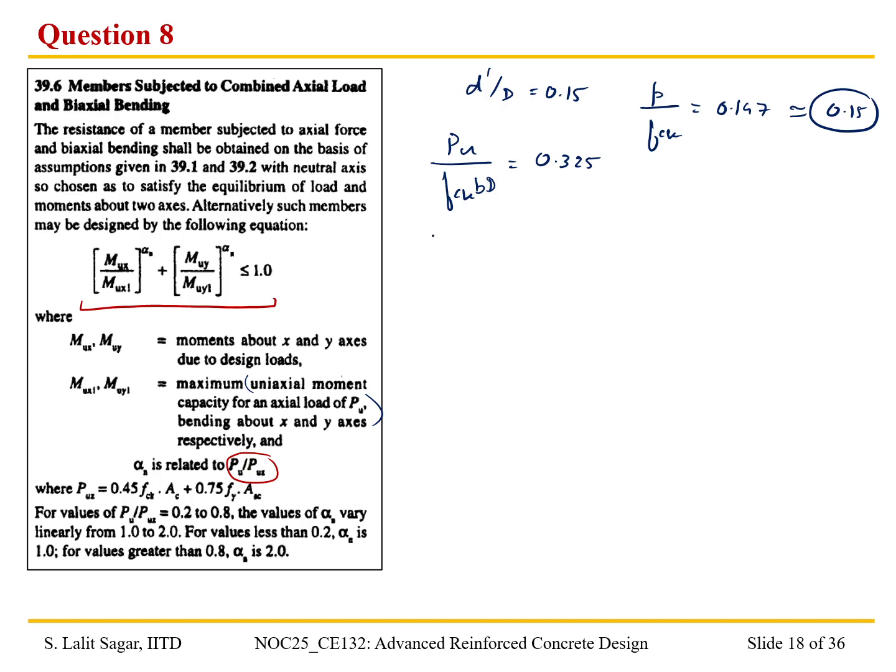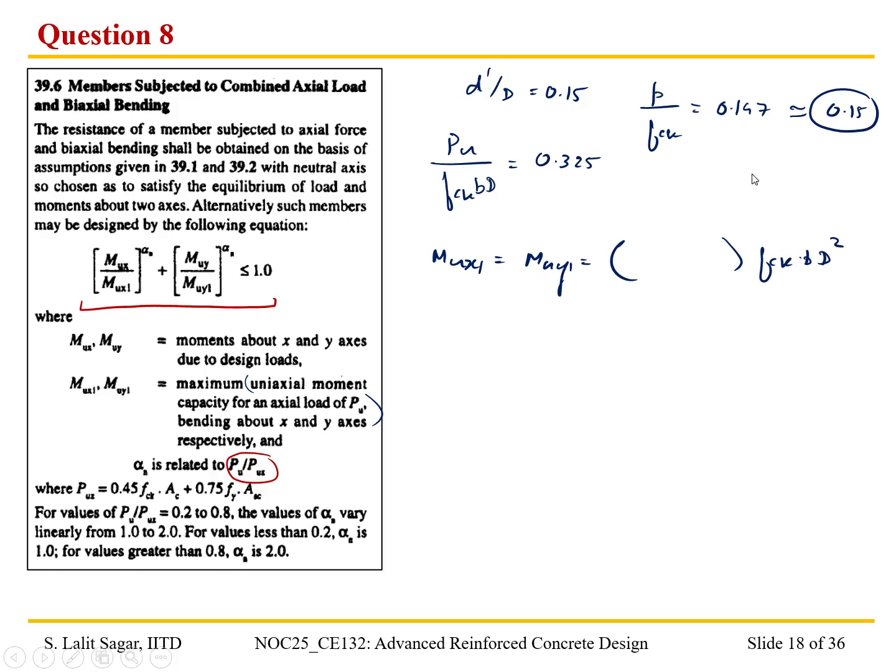Let us find out the value of Mu, that is Mux1 is equal to Muy1, equal to the value that we find out from the SP16 chart divided by fck into BD square. What is that value? Let us find out.